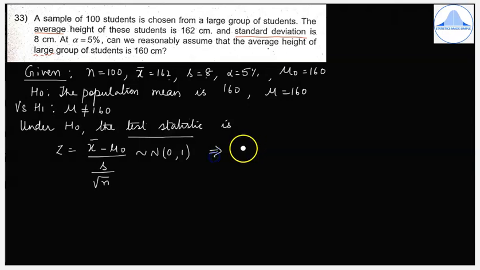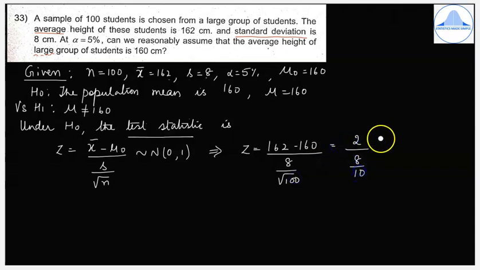So Z is equal to 162 minus 160 divided by 8 by root 100. So this is equal to 2 divided by 8 by 10, or 2 divided by 0.8. You have to first divide 8 by 10, which is 0.8, and so you will get 2.5.